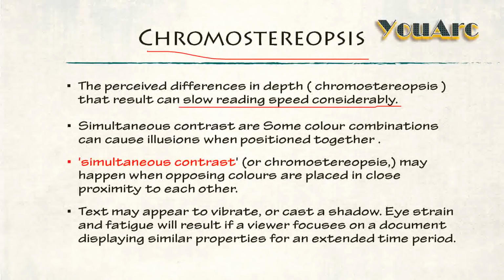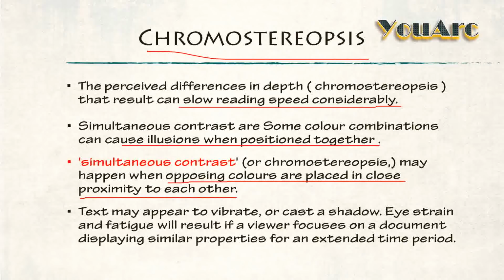What is that? It is simultaneous contrast, where some color combinations can create an illusion when positioned together. This chromostereopsis is also known as simultaneous contrast. This may happen when two opposing colors are placed in close proximity to each other. So when two opposing colors, maybe complementary colors or two colors with high contrast, are placed together, we get the simultaneous contrast or chromostereopsis.